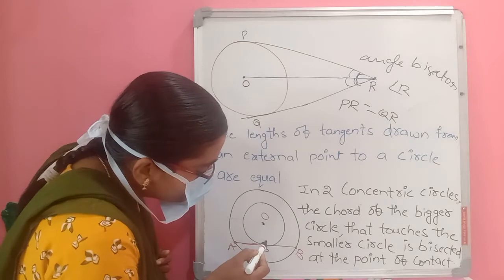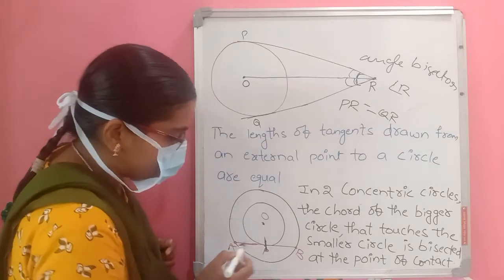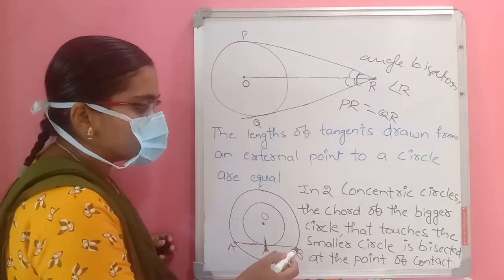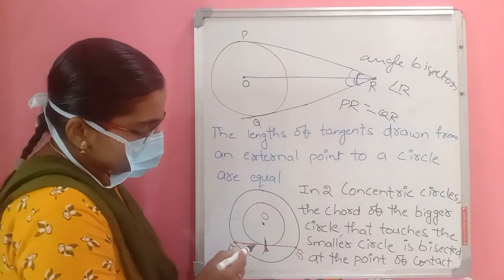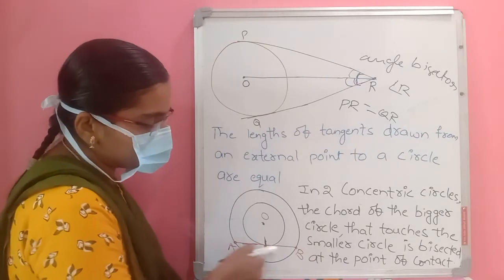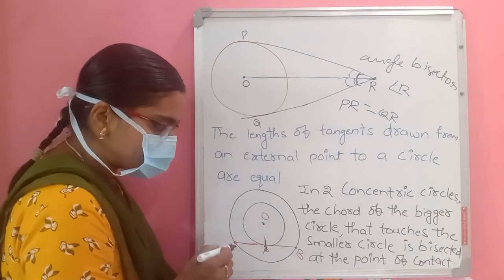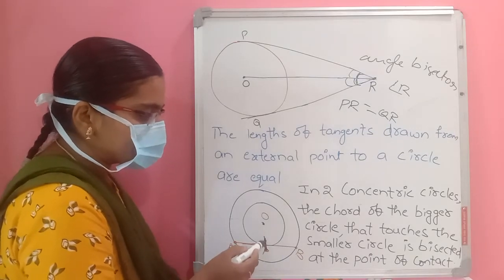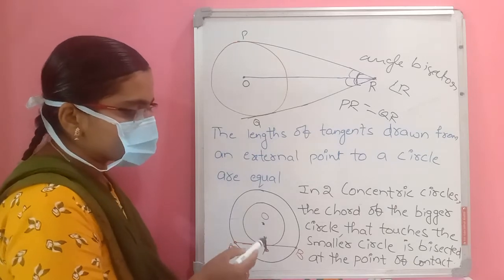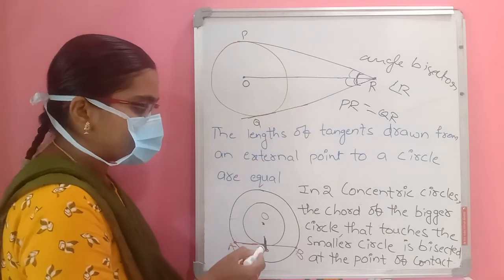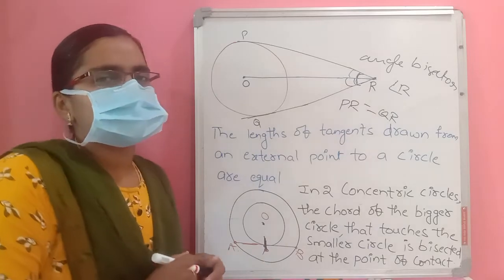Means AP is equal to PB. This big circle chord is touching the smaller circle, and at that point of contact, it bisects the chord. Means AP is equal to PB.